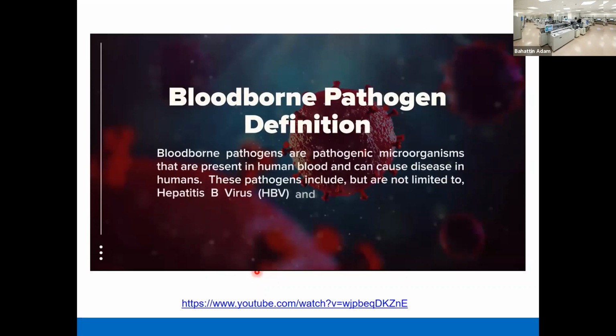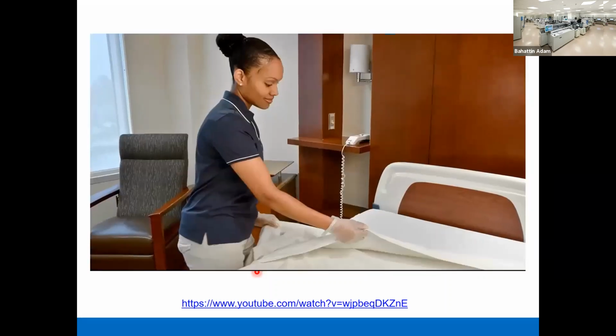Bloodborne pathogens are pathogenic microorganisms that are present in human blood and can cause disease in humans. These pathogens include, but are not limited to, hepatitis B virus, HBV, and human immunodeficiency virus, HIV, associated with AIDS.